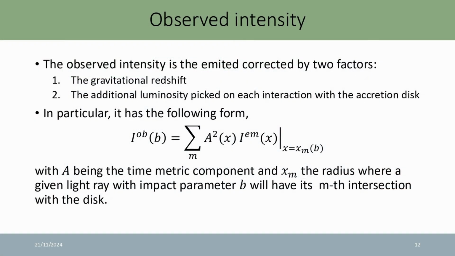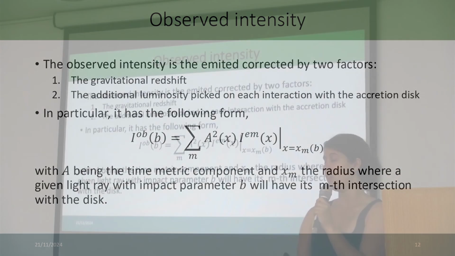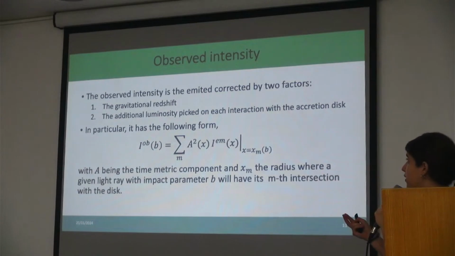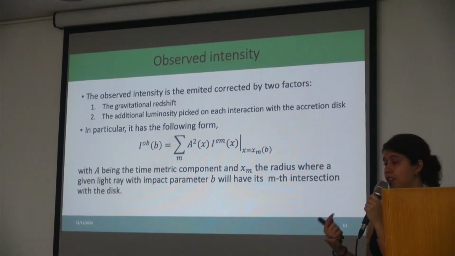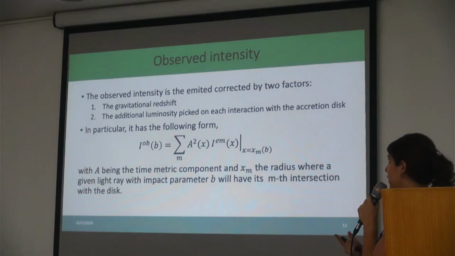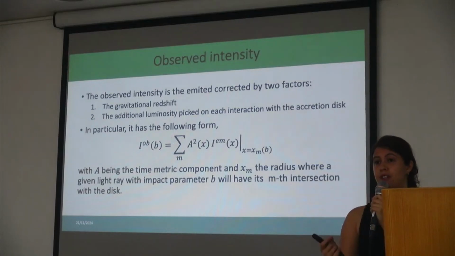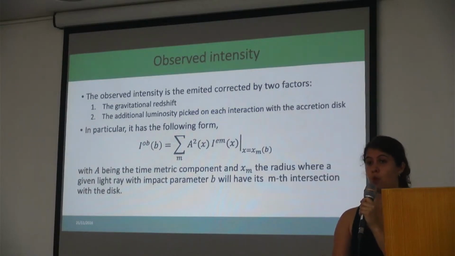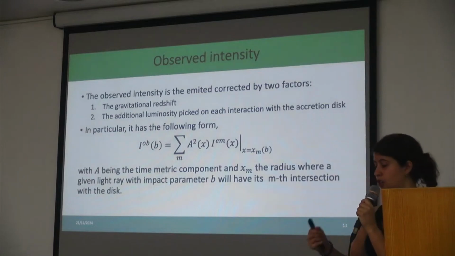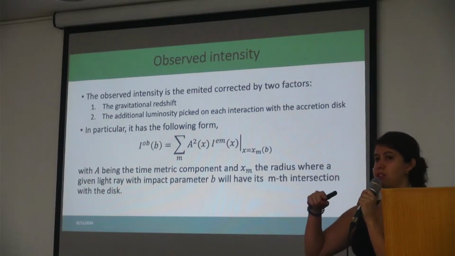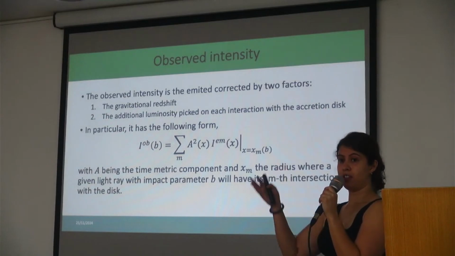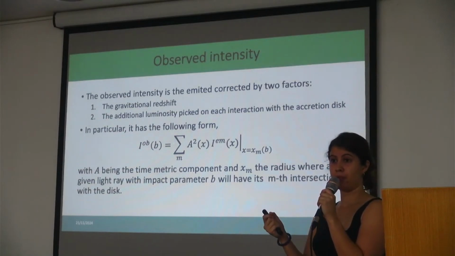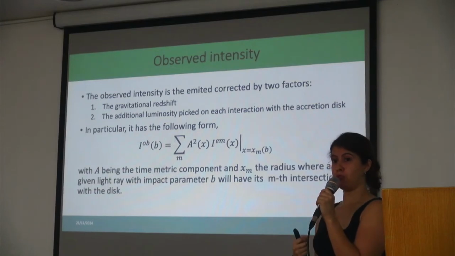So as I told you, the observed intensity depends on the emitted intensity of the disk. And it's corrected by two factors. The first one is the redshift, and the second one is due to this optically thin accretion disk. What this means is that when the photon is emitted and, for example, does another turn, it can cross again this accretion disk, and it will not be reabsorbed.